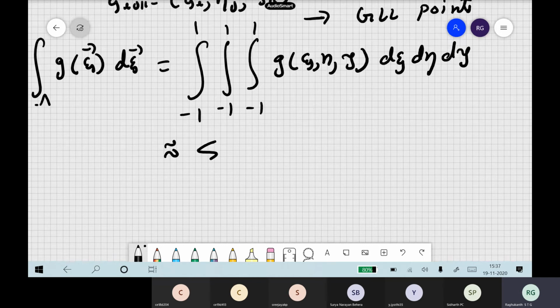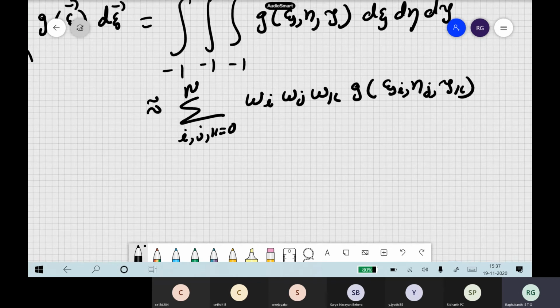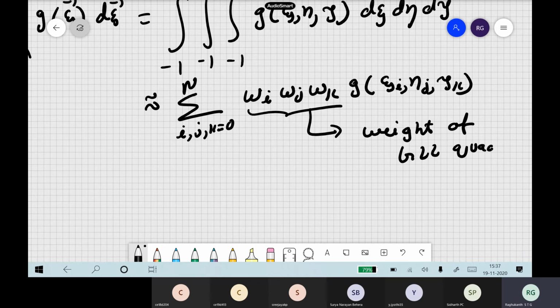So you can approximate this as the sum over i, j, k equal to 0 to n. These are the weights, omega i, omega j, omega k. Okay, these are the weights of our integration scheme, with psi i, then eta j, then psi k. So these three are the weights of this GLL quadrature.